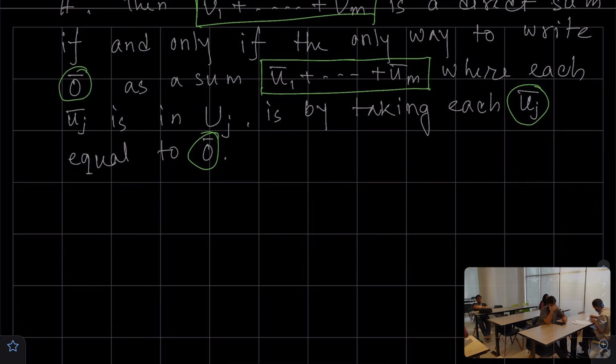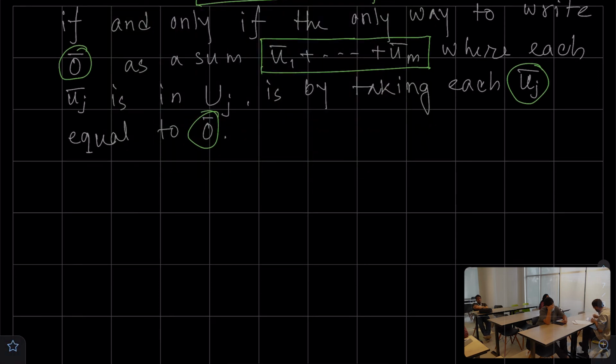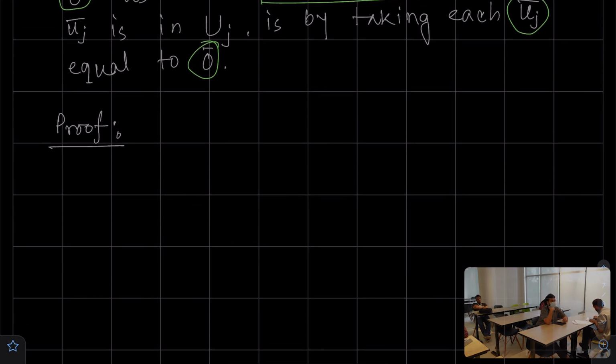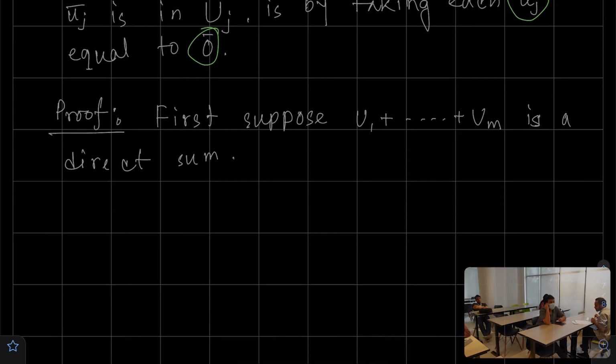So first, suppose u1 plus um is a direct sum. Then the definition of the direct sum is what?